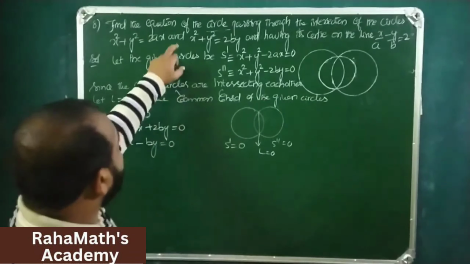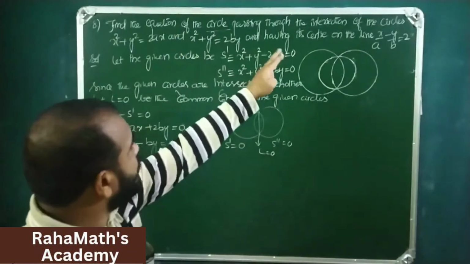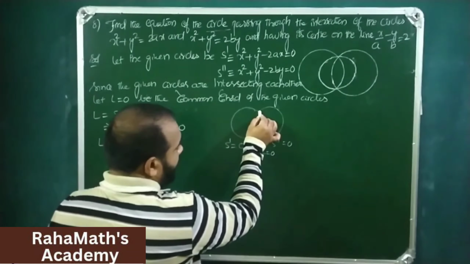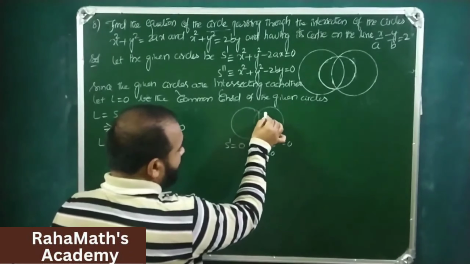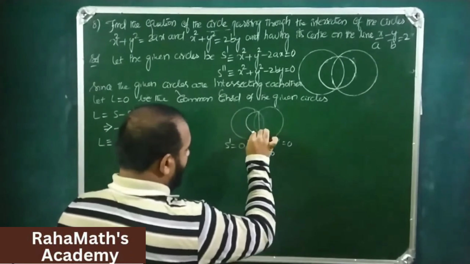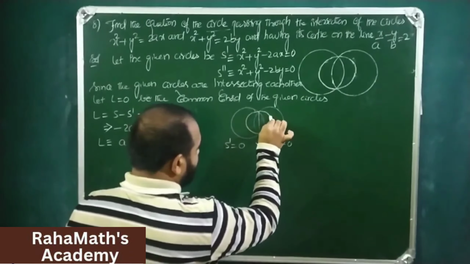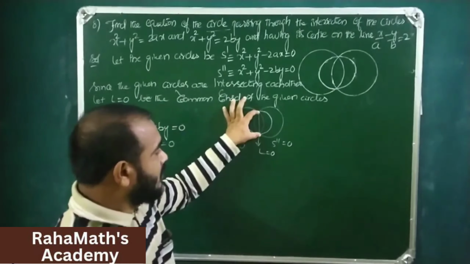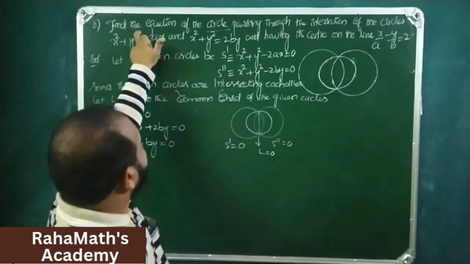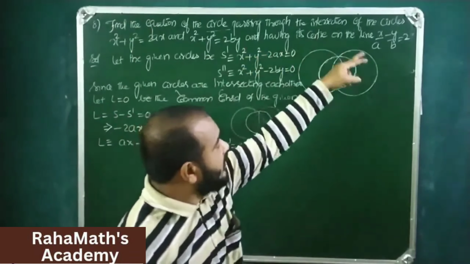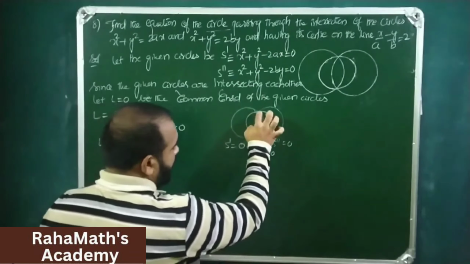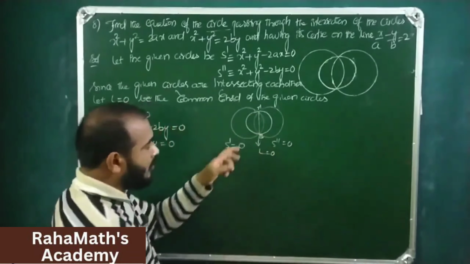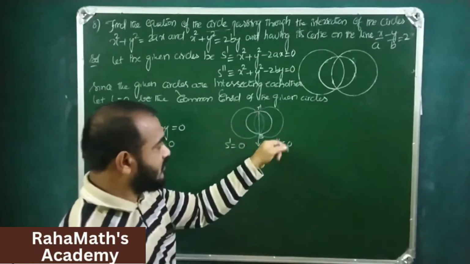Okay, and find the equation of the circle passing through the intersection of the circles. So I want a circle which is passing through the intersection of these circles. Let us suppose that A and B are the points of intersection of these two circles.